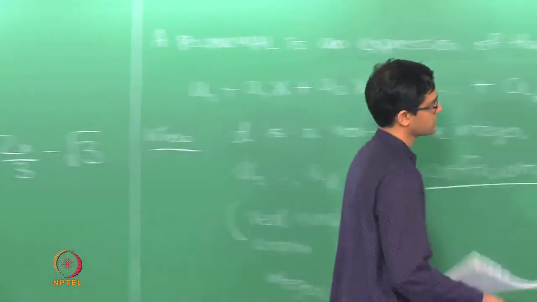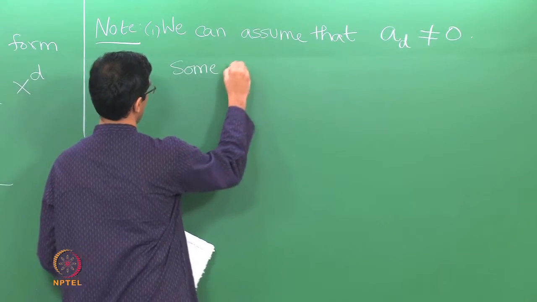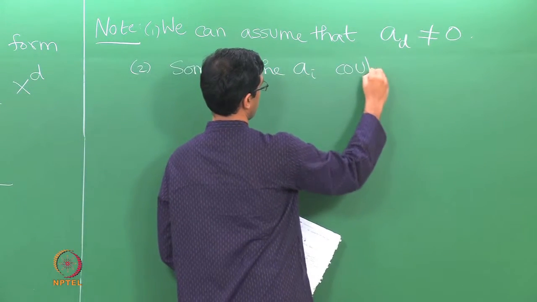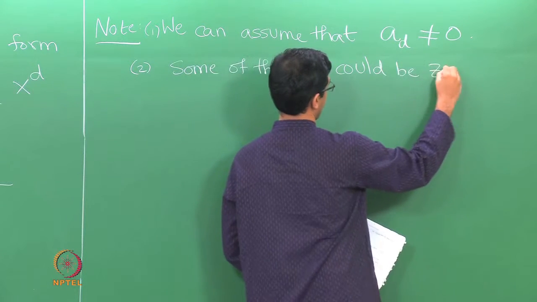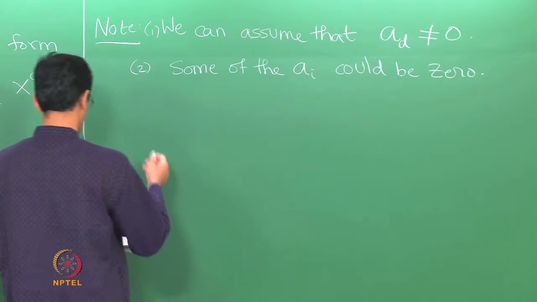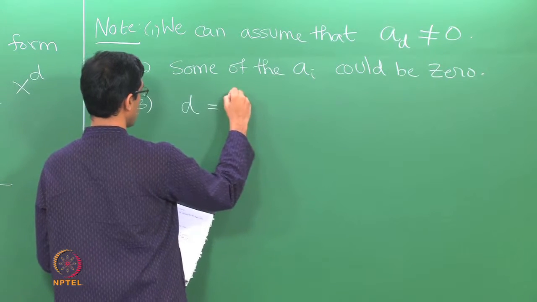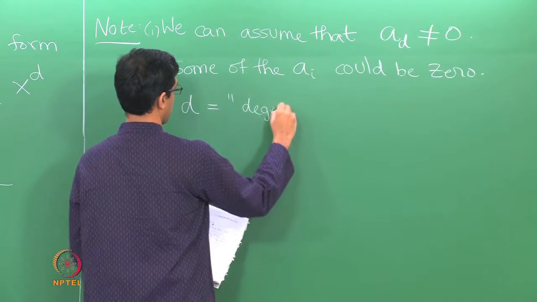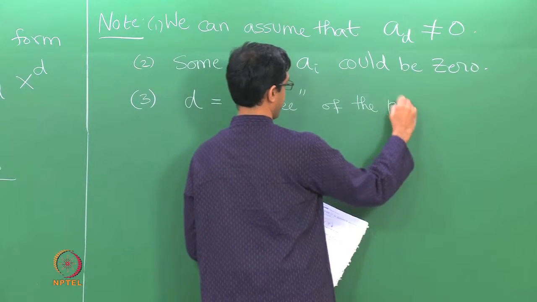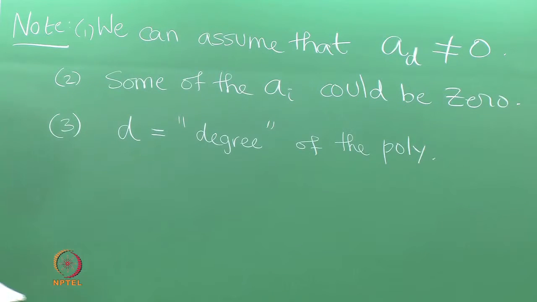So some of the ai's could be 0, there is no problem with that. The terminology is that d is called the degree of this polynomial. It is the largest power of x which appears.